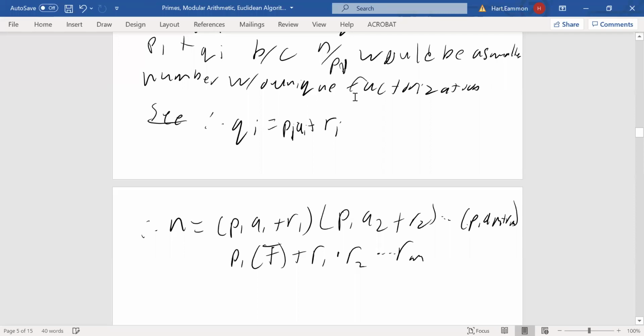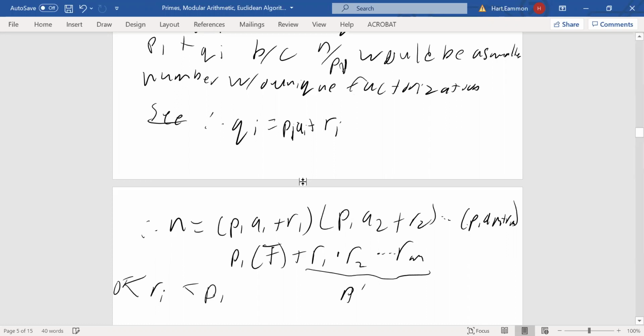Okay, so reminder, Ri is strictly greater than 0 and less than P1. So this guy I'm going to call n prime.